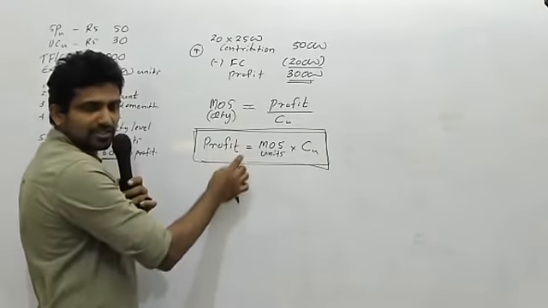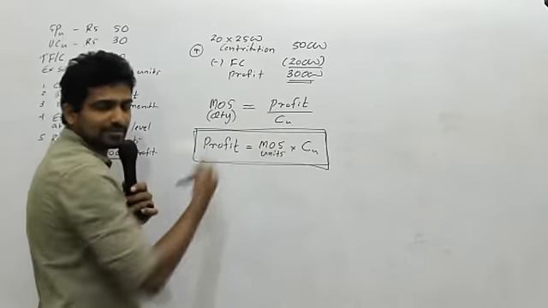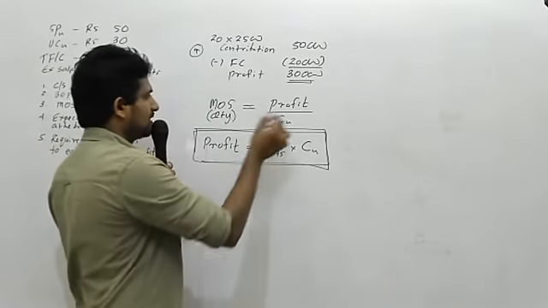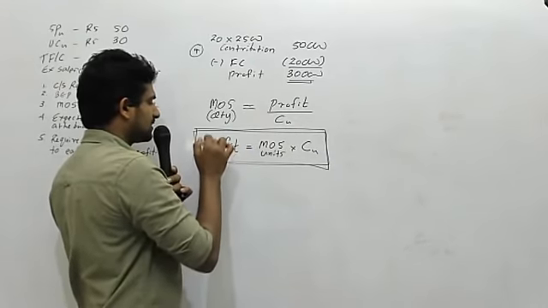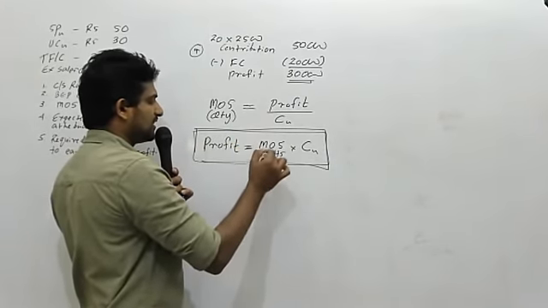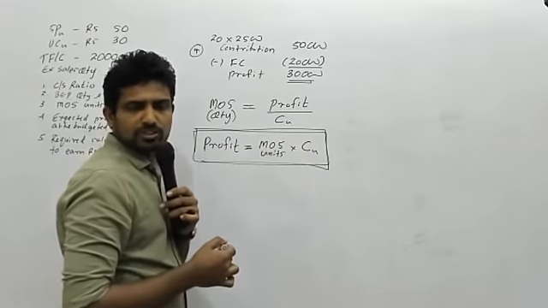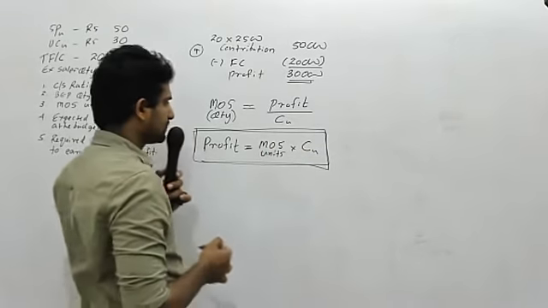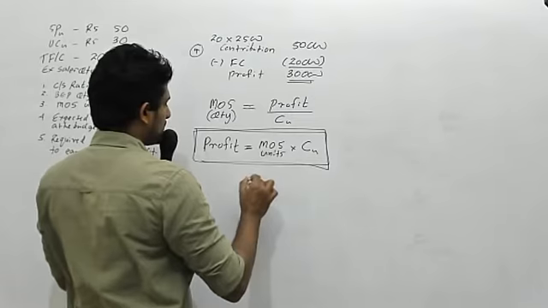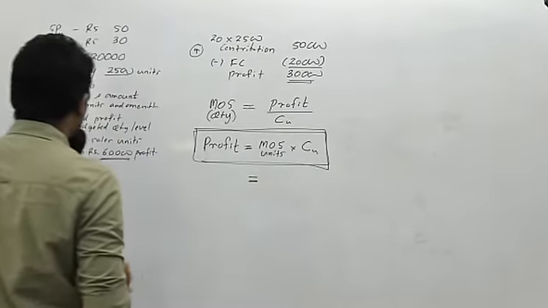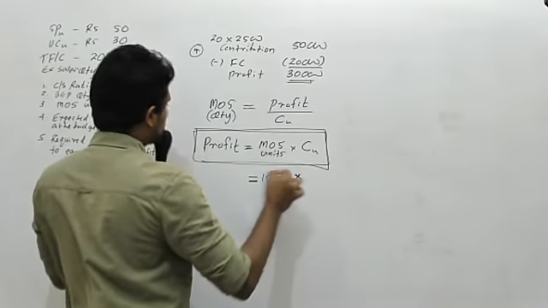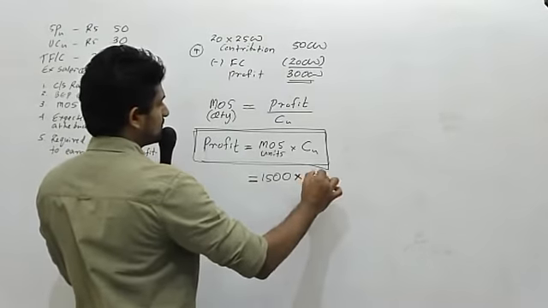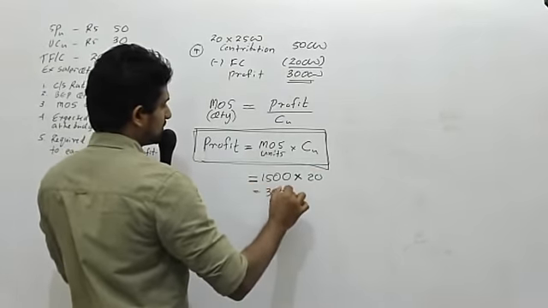This is a part of this one, another presentation of the same thing. But remember this one anyway. So you already calculated the margin of safety units, it's 1,500 into contribution per unit, 20. So the answer is 30,000.